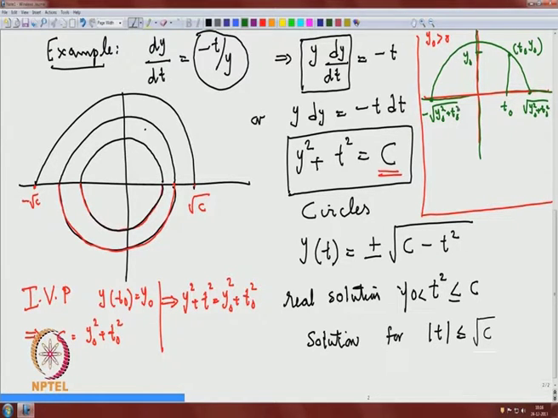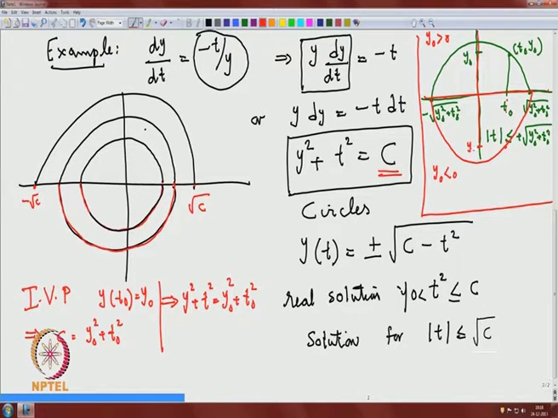You have your solutions existing in the interval mod t less than or equal to the square root of y naught square plus t naught square. That is an interesting example. On the other hand, if y naught is negative, you will have the other branch, where y naught is here.